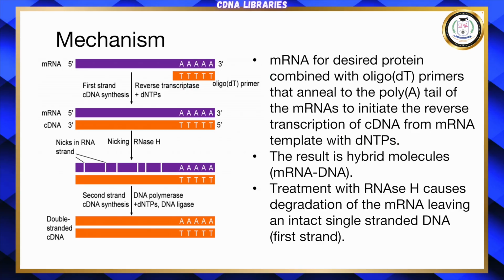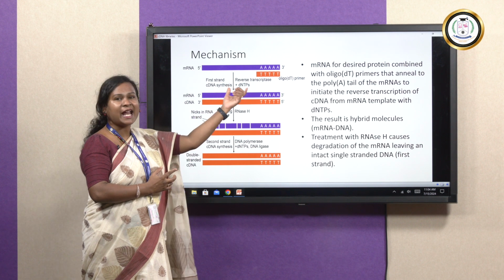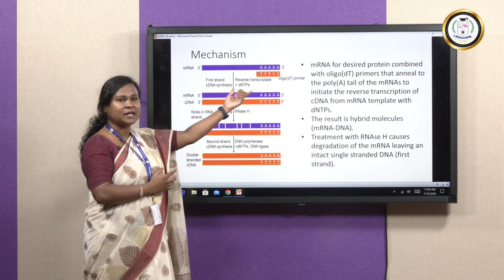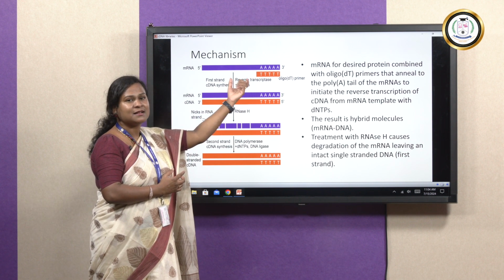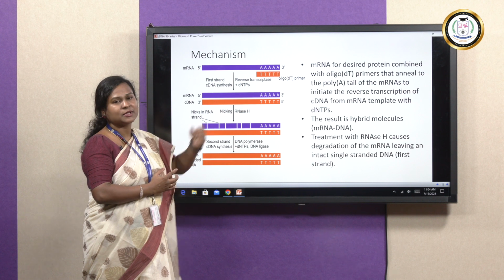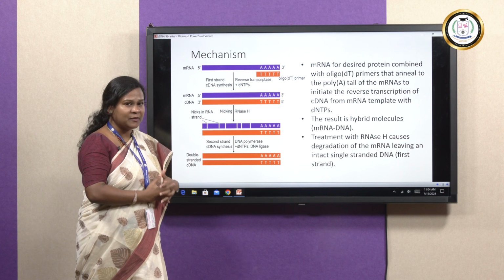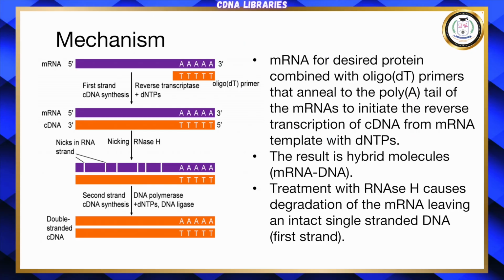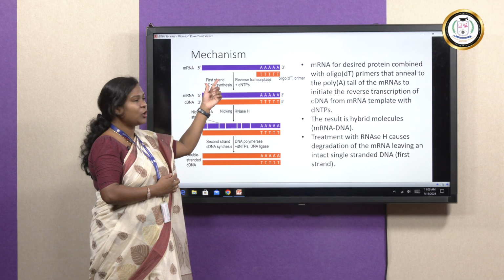If we look at the mechanism, the desired mRNA strand is used as a template, and the poly A tail present at the 3' end becomes the starting point for replication, where the oligo dT primer is added to kickstart the process of polymerization.